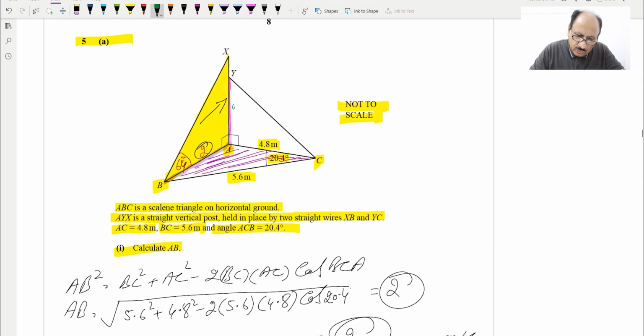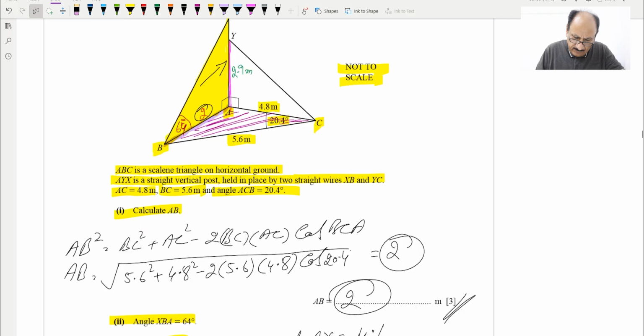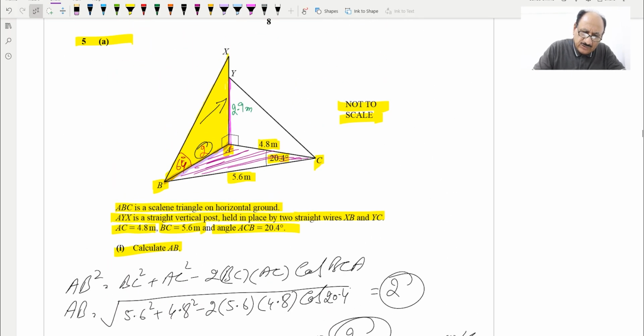They are saying calculate the area of the triangle YAC, which is this triangle.